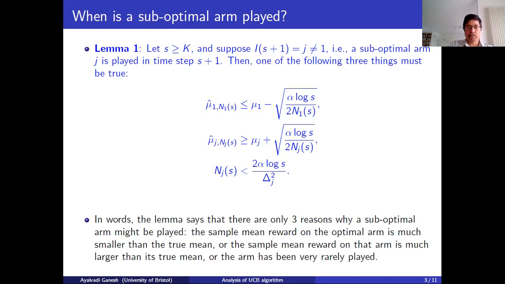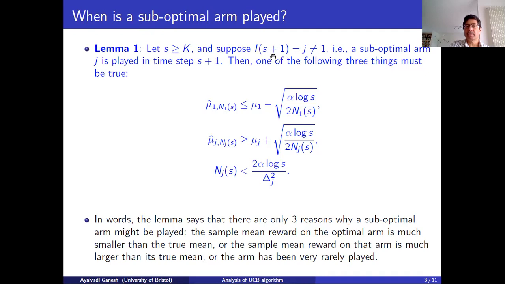So recalling the UCB algorithm again, in the first k steps, we play each of the k arms once. And so we are looking at times s, which are bigger than k, and under what conditions we play some suboptimal arm j in that time step.